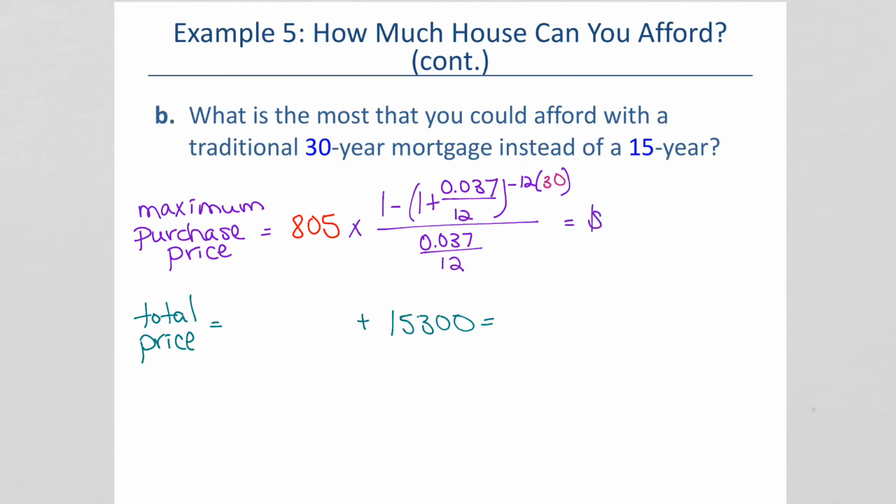And that comes up with $182,201.11. Add that to the down payment, and we get that you can buy a house for almost $200,000 if you want to pay on it for 30 years.